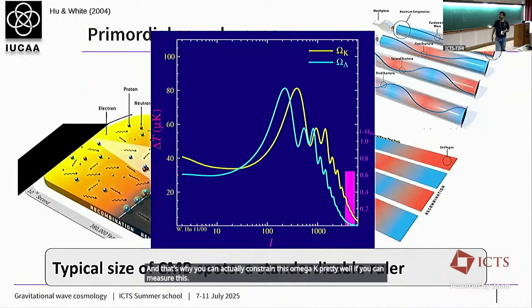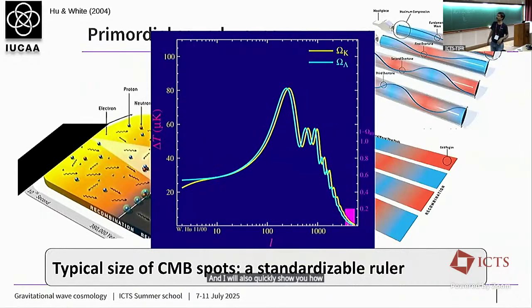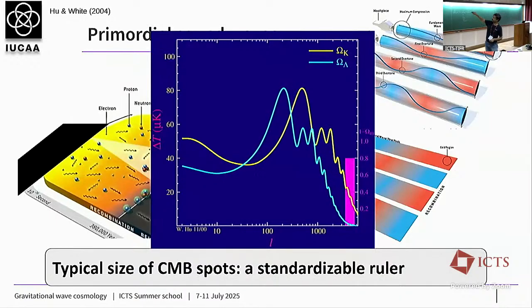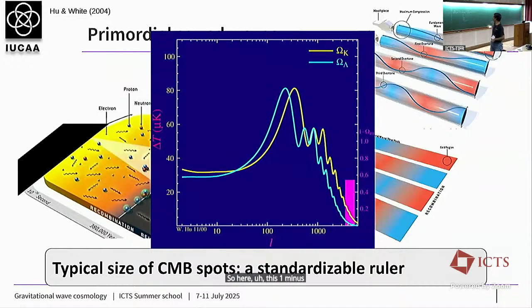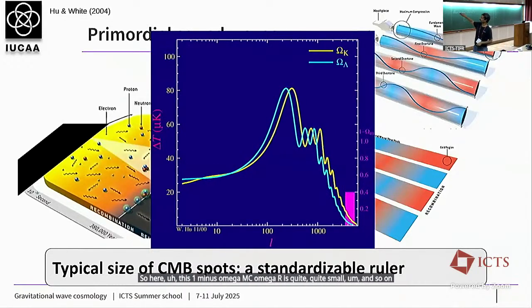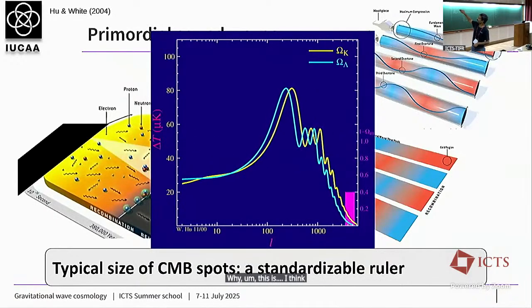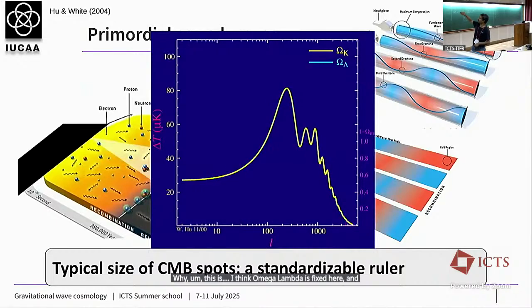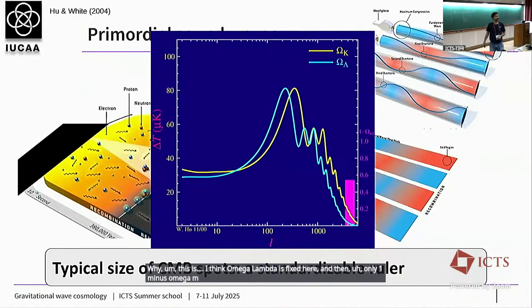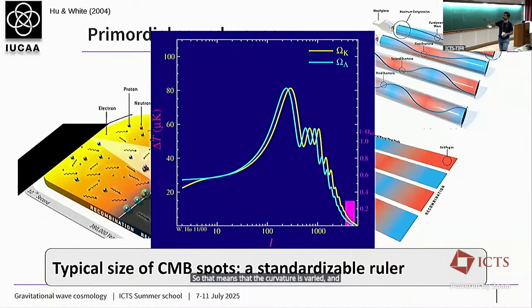And I will also quickly show you how good these measurements are right now. Here, omega r is quite small, and omega lambda is fixed, and only 1 minus omega m is varied. So that means the curvature is varied, and that's the reason why you see it shifting.